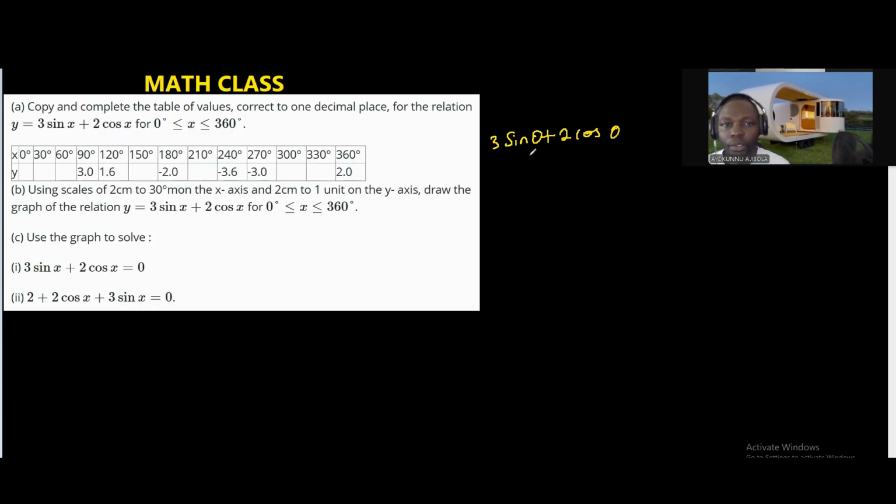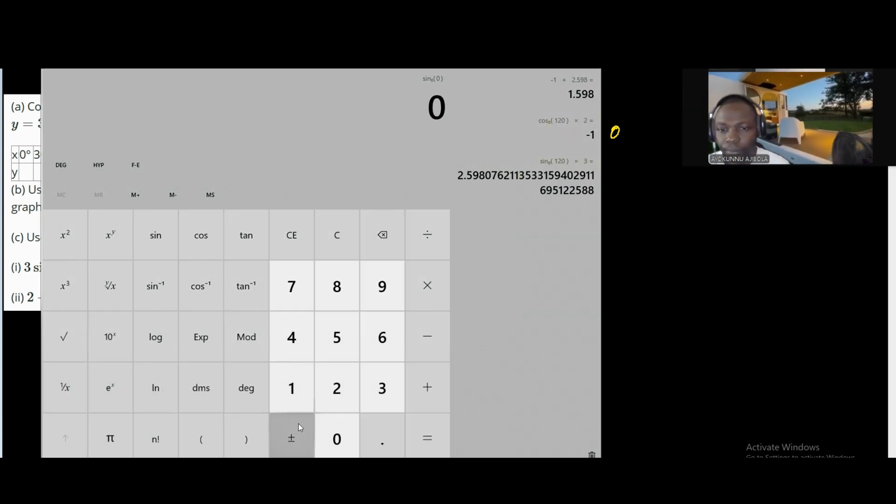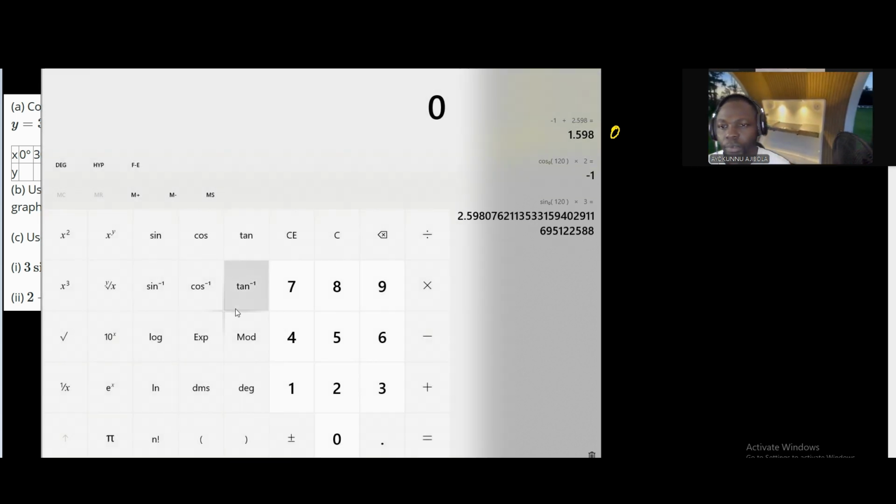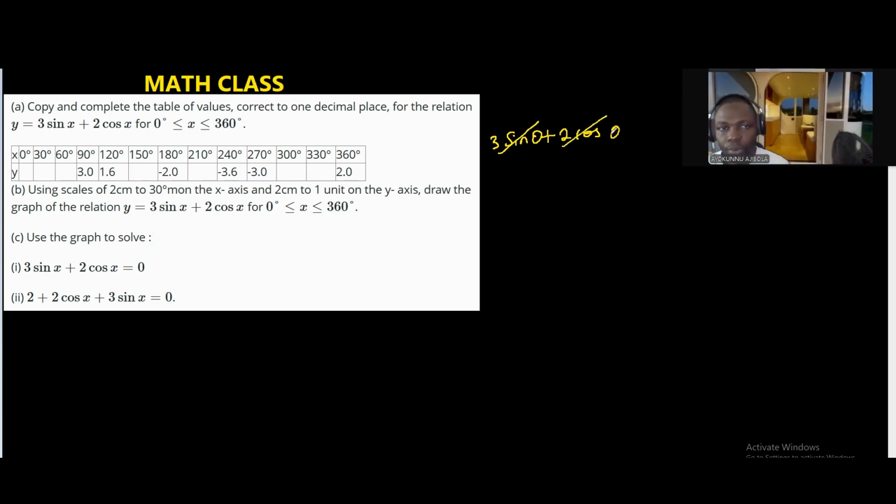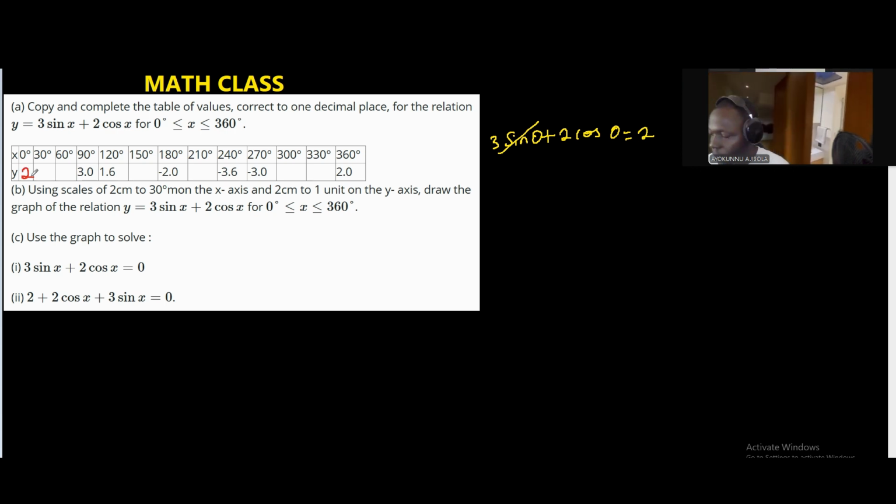Yes, sir. So once it's 0, then this expression is gone since you're multiplying by 0. So let's check for cos 0. Cos 0, that's 1. So 1 times the 2 is going to be 2, okay? Yes, sir. So this expression gives us 2. Then we can put the 2 on the table.